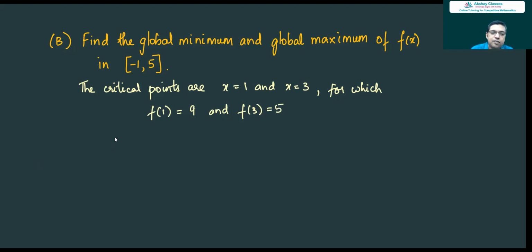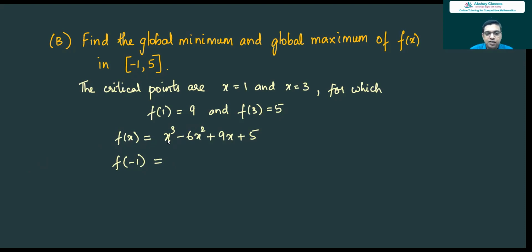Now, the function is x cubed minus 6x squared plus 9x plus 5. We will find f of minus 1 at the boundary. At the critical points we have found the values, and now we have to find it at the boundary of the interval.